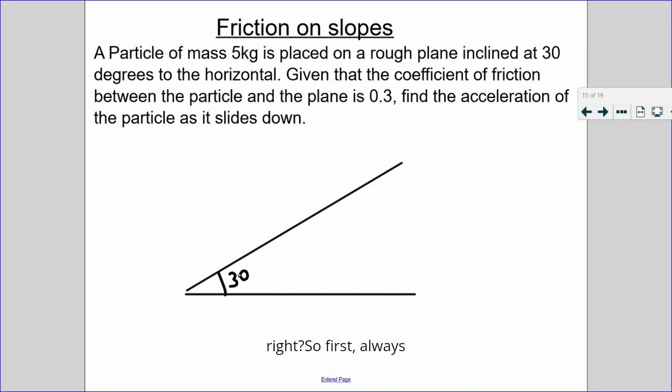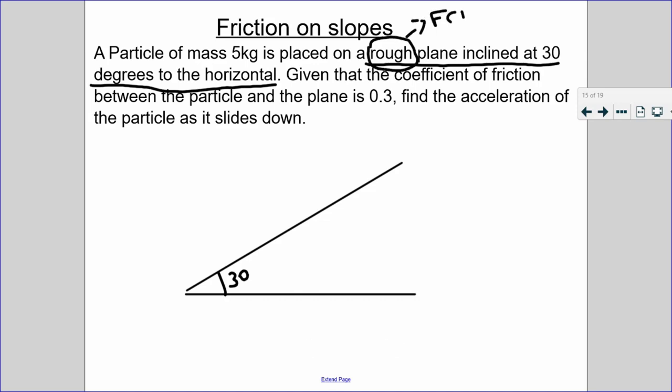So first, always see what the surface is. Now, the question is telling you it's a rough plane inclined at 30 degrees to the horizontal. Rough means you will have friction. A particle of mass 5 kg is placed on the slope.